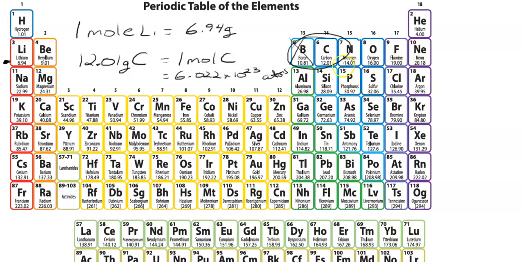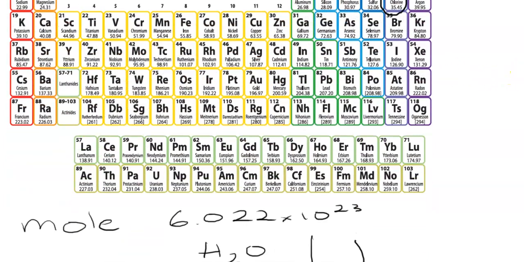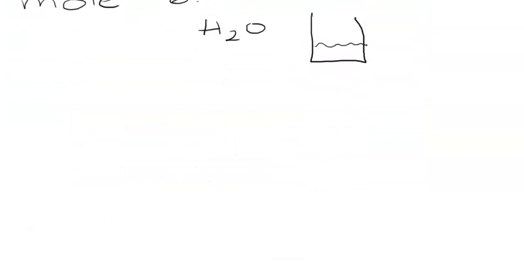Okay, so the numbers on the periodic table are important. Let's use chlorine for example, atomic number 17 over here, right? 35.45 is the atomic mass.